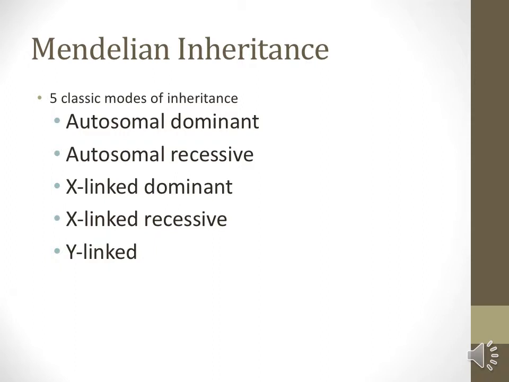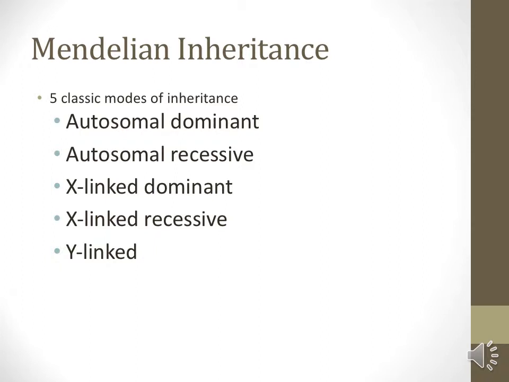So a little bit more here on Mendelian inheritance. There are 5 classical modes of inheritance: autosomal dominant, autosomal recessive, X-linked dominant, X-linked recessive, and Y-linked. So the autosomal dominant and recessive are referring to the genes that are located on those 22 pairs of autosomal chromosomes.